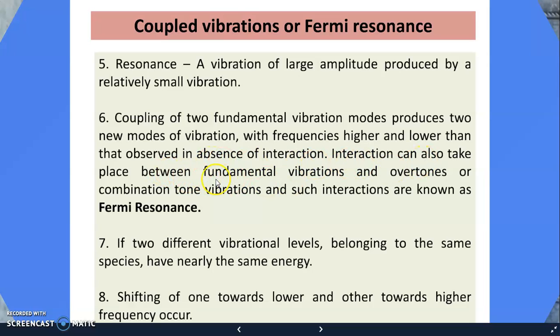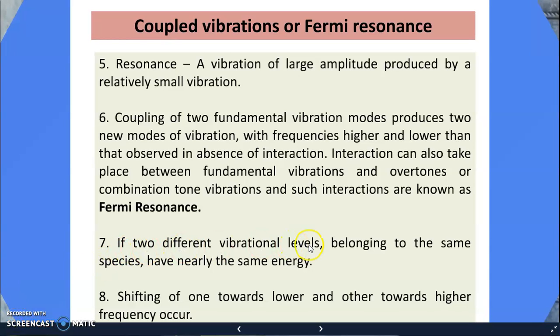Interaction can also take place between the fundamental vibration and overtone or combination tone vibrations, and such interactions are called Fermi resonance. If two different vibrational levels belonging to the same species have nearly the same energy, one shifts toward the lower and the other toward the higher frequency.